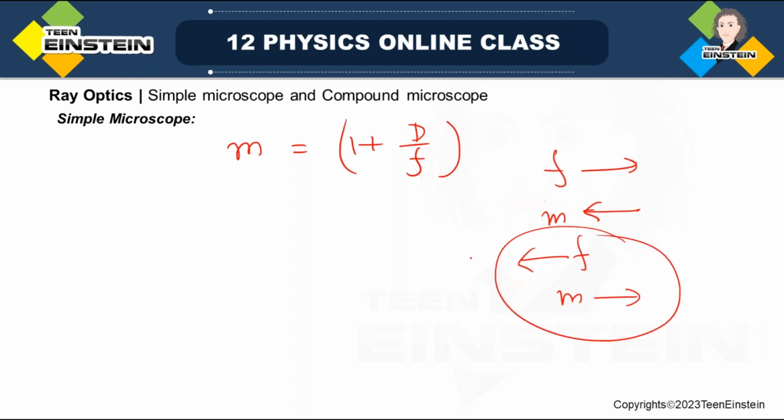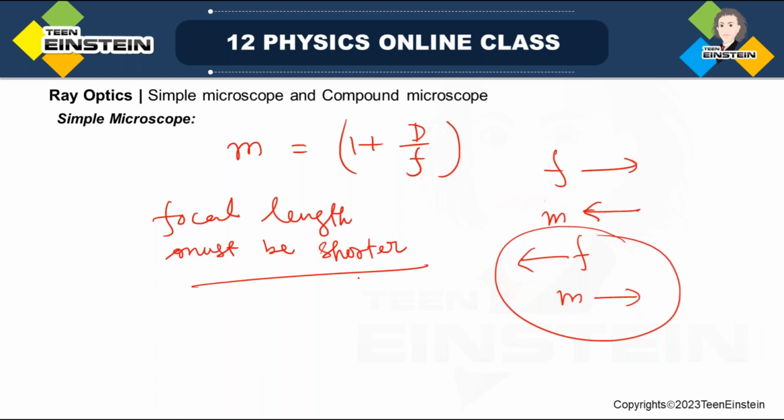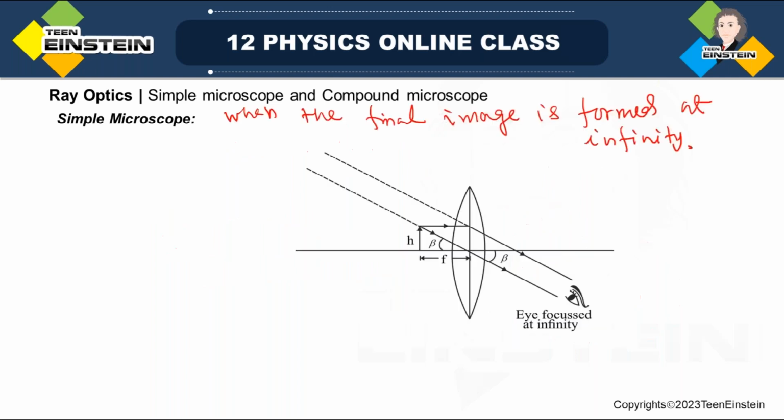That means for a simple microscope, the desired thing is that the focal length should be short. For better magnifying power or magnification, the focal length must be shorter. You can write that.